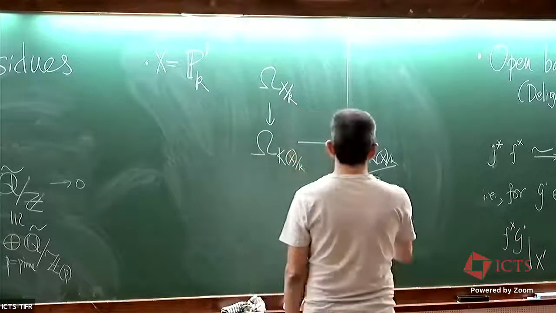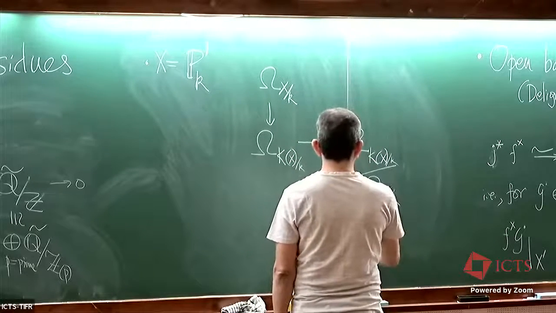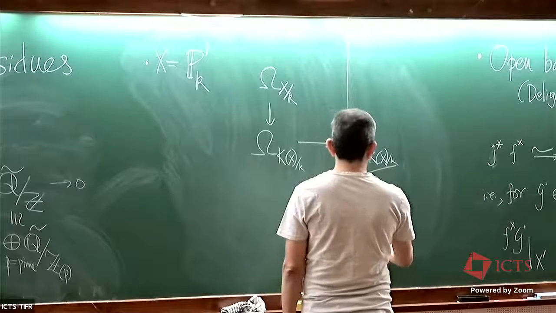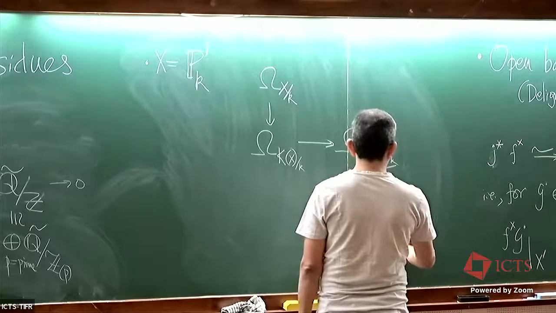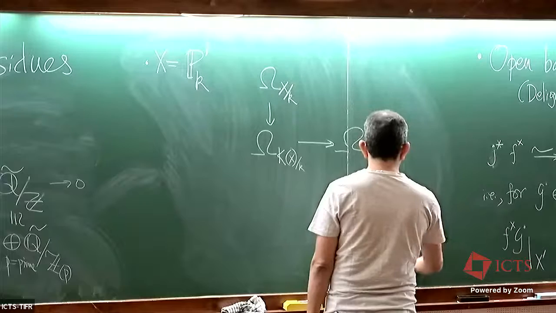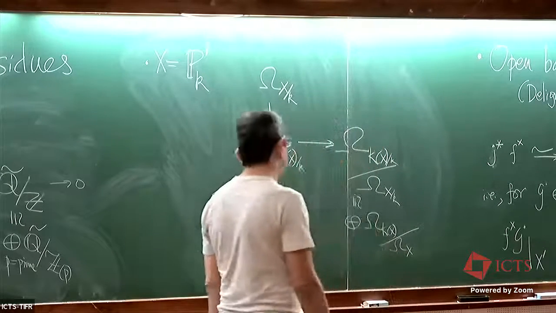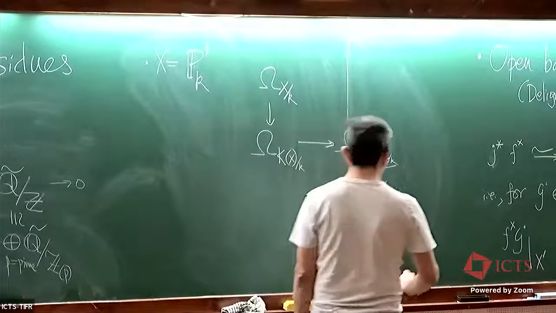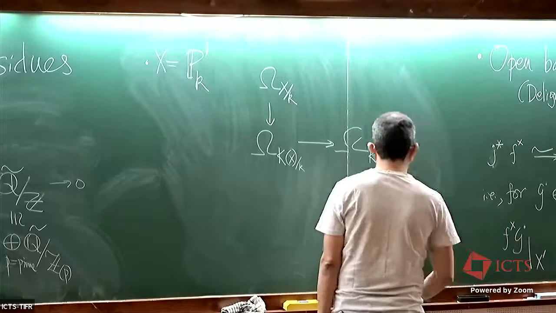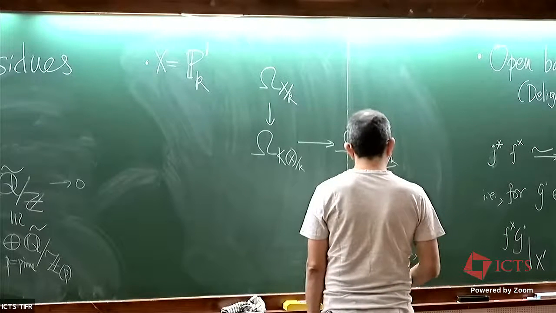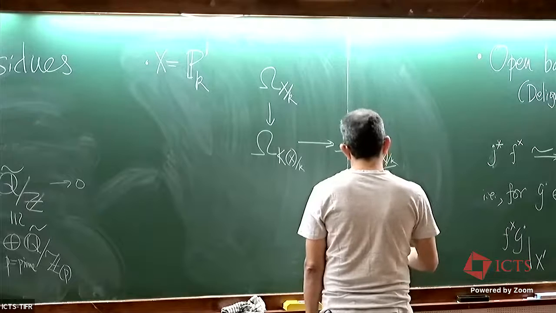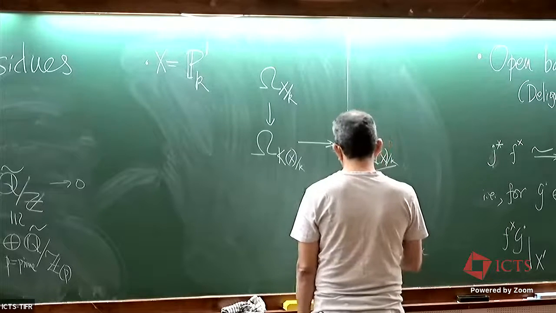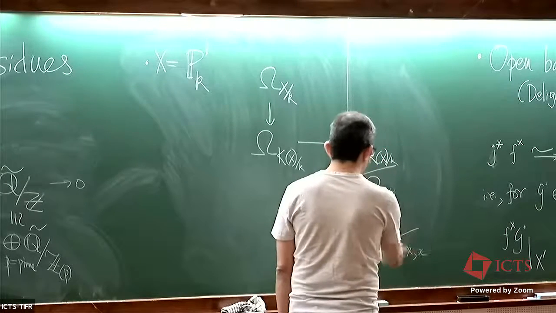And this is isomorphic to a direct sum of omega_{K(x)} modulo omega_x, looking at the skyscraper sheaf formed by them, for x belonging to X. My notation is getting even more complicated, but I hope you understand what I'm trying to say.